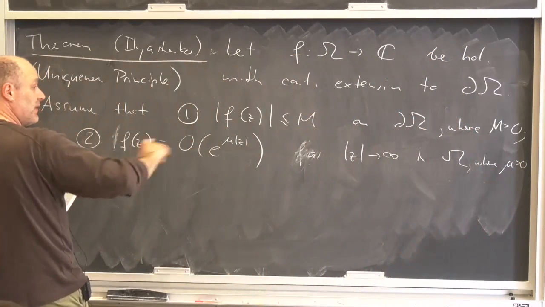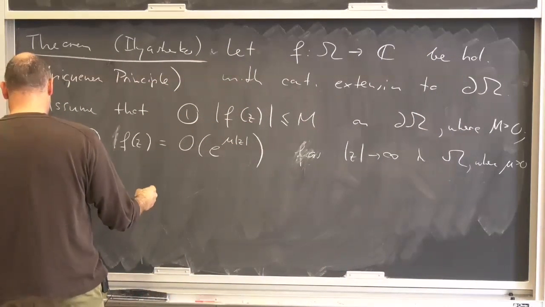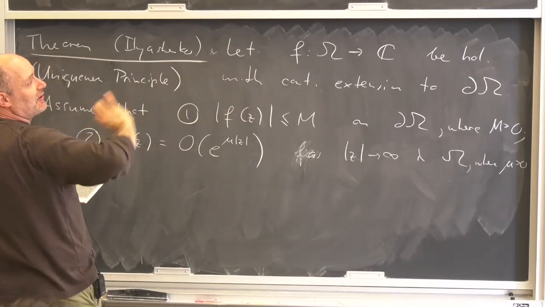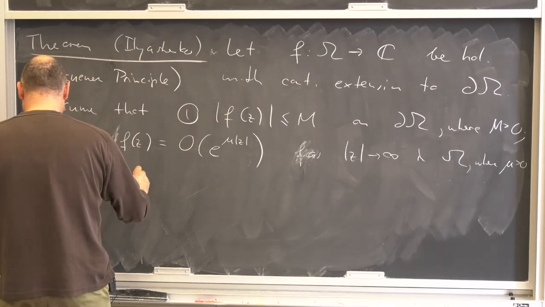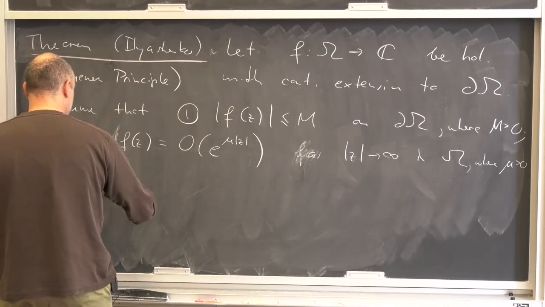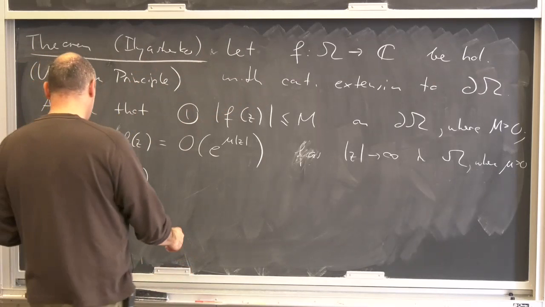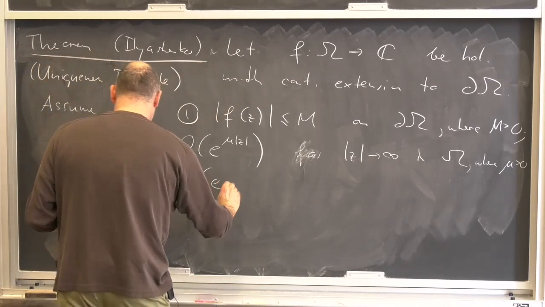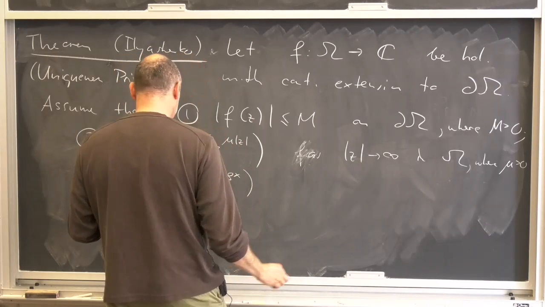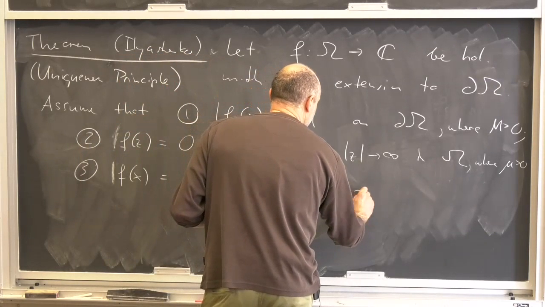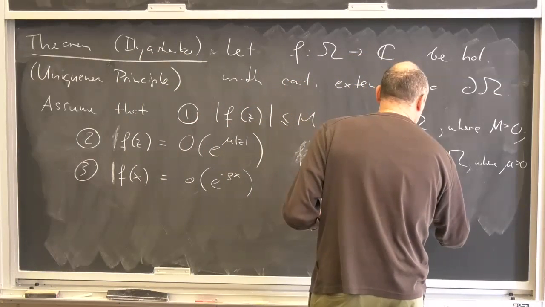But along the real line, it's going to be flat. These terms have 0 expansion in the whole domain, but all I need here is that along the positive real line, f of x, so I write x to indicate I'm just looking at positive real numbers, is actually little o of e to the minus rho x as x goes to infinity in R plus, for all rho.